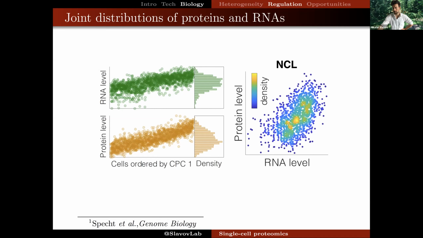We ordered the cells analyzed by single cell mass spectrometry and by RNA sequencing based on the common principal components. And here I'm showing examples of a few genes. Here is NCL, which is a highly abundant protein and transcript that is part of cluster 1, showing similar trends at the RNA and the protein level. And you can see that indeed the data look similar and we have a strongly correlated joint distribution.